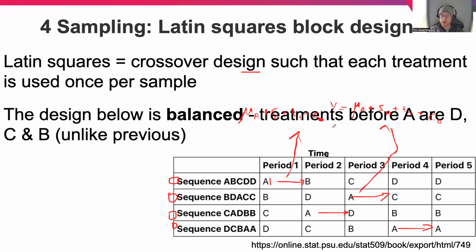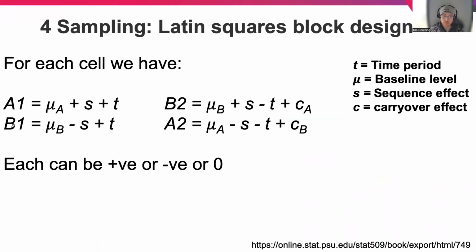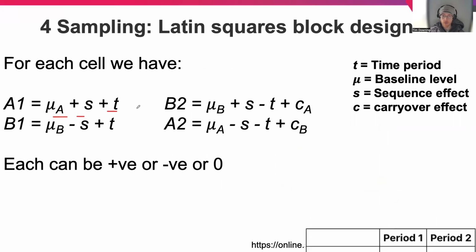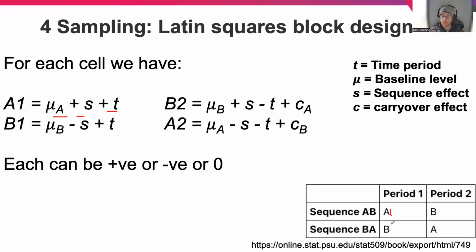So we can create models like we outlined before. So here we have mu A plus S for A and T for time period 1. For this box here, this is A1, this is B1 over here, and we have A2 down here as well. And as you can see there, we have a slight issue because if we average the effect of A1 and A2 here, so looking at the average effect of A across those 2 sets, it's going to be the average of these 2.